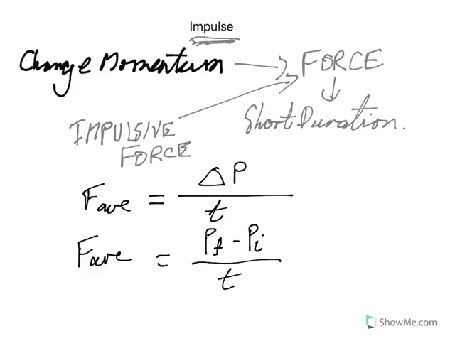So the definition then of impulse rather than impulsive force, so this here, this average force, that's the impulsive force that we're talking about. But impulse itself is equal to the change in momentum.